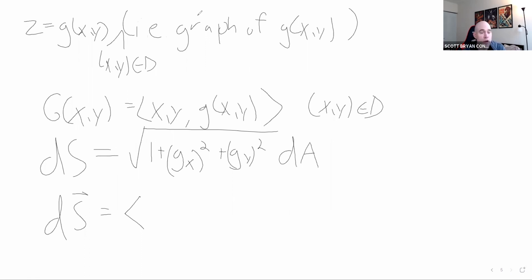For the graph of a function, if you want the upward pointing normal, in other words, if you want the z component to be positive, you get negative g sub x, where little g is the function that we're the graph of, negative g sub y, 1. Obviously, if you want the downward pointing normal, you would negate that whole thing.